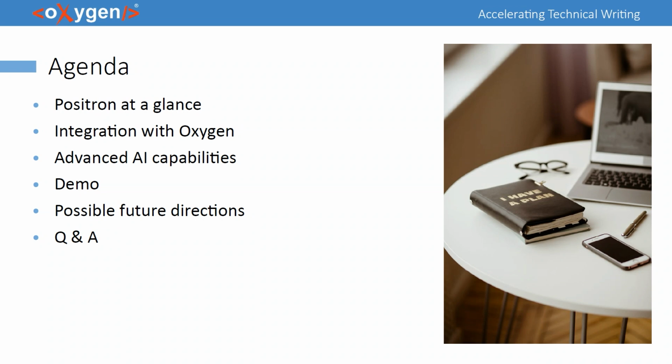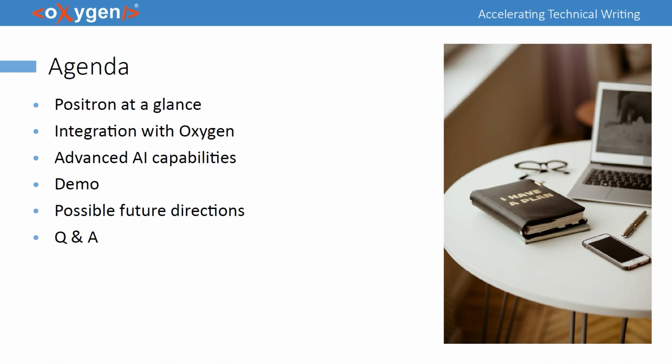So I want to start by showing you Positron at a glance really quickly. Then I want to say a few words about how this add-on is integrated with our products, especially with our standalone product. This is what I'm going to present today. I want to mention some more advanced AI capabilities that we have adopted.